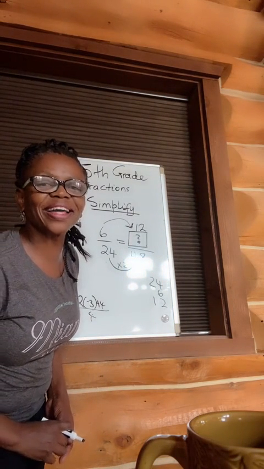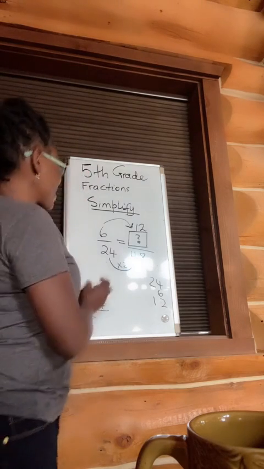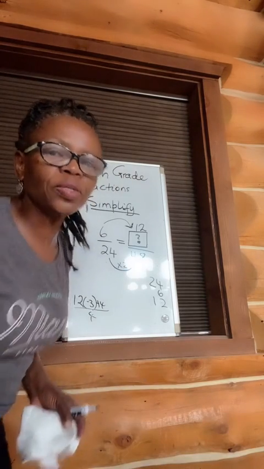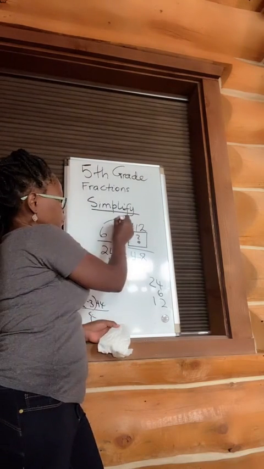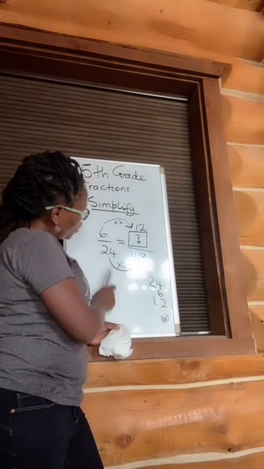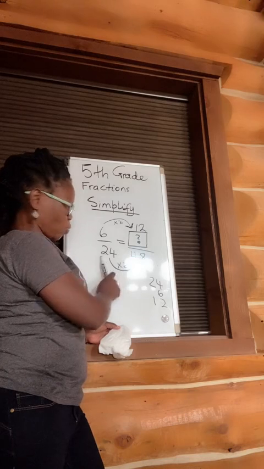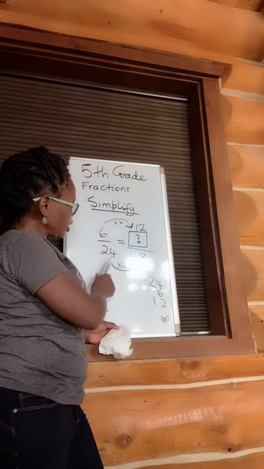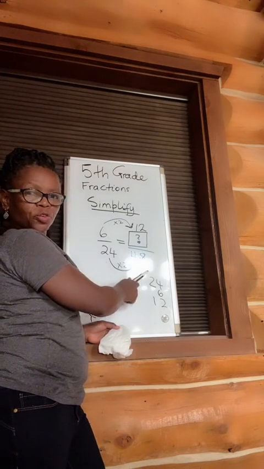All right. Now let's do another one. Somebody said 3. Because we went from 24 to 48. What did we do? We multiplied 24 by 2 to get 48.